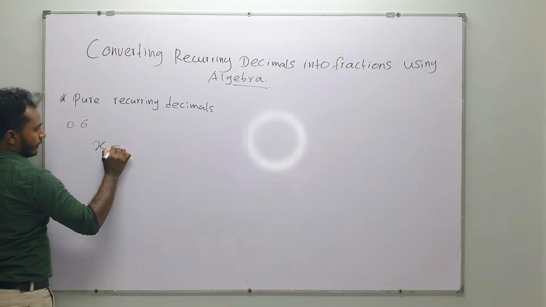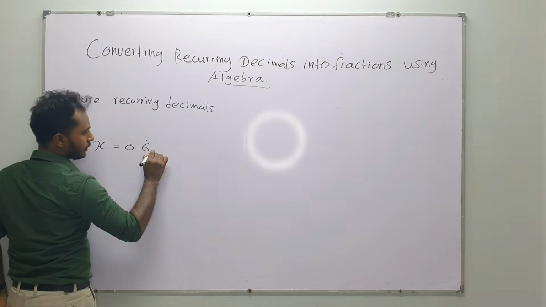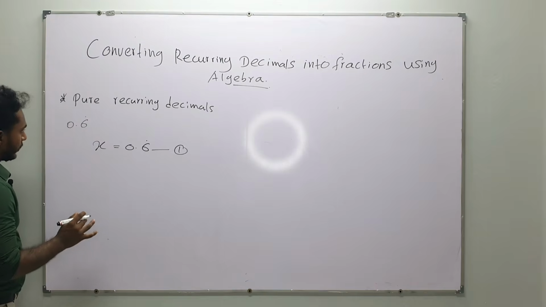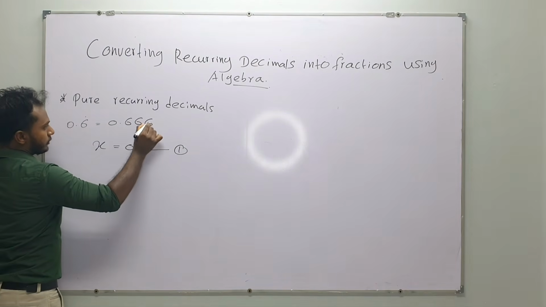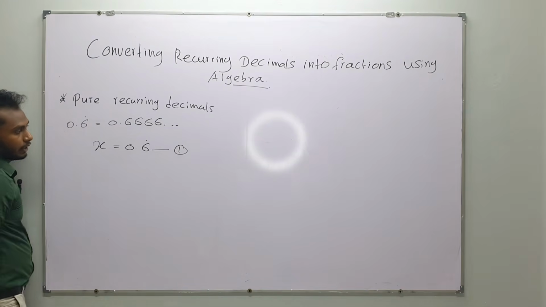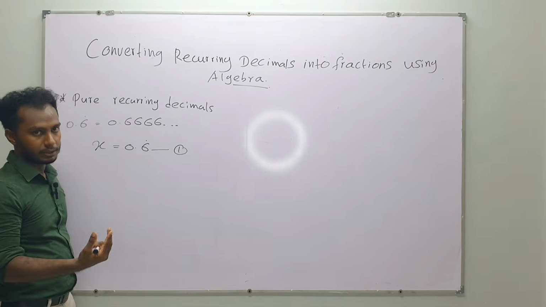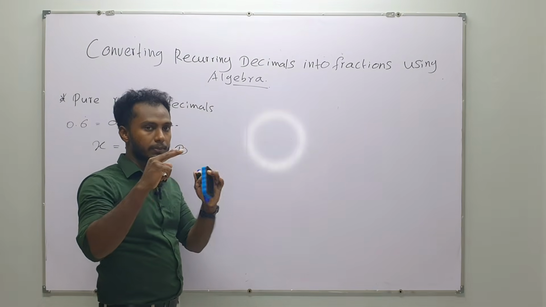I would write x equals 0.6 recurring, and I'm making this equation number 1. You know that this is equal to 0.666, like this. This is recurring, right? Then you see the number 6 is the only recurring digit. That means there is only one digit that is recurring.